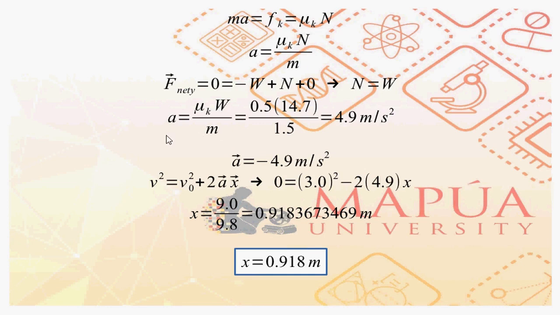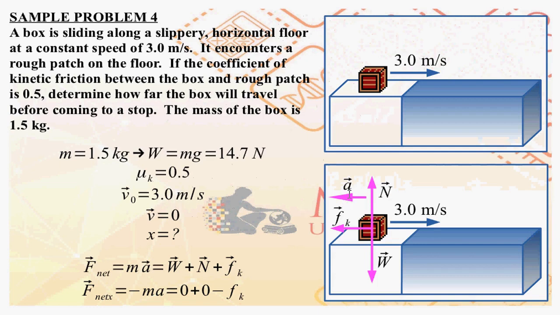So, a now becomes equal to mu k W over m. And we know the weight of the object because we know the mass of the object. So, plugging in the values, we get a to be equal to 4.9 meters per second squared. So, the magnitude of the acceleration of the system is 4.9 meters per second squared. But the acceleration vector is heading in the negative direction.